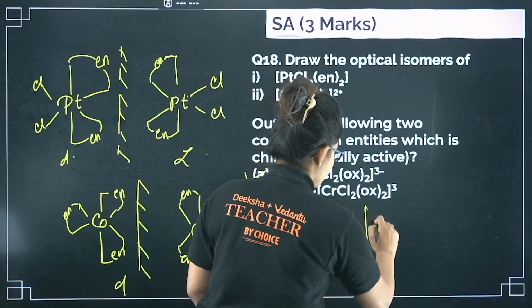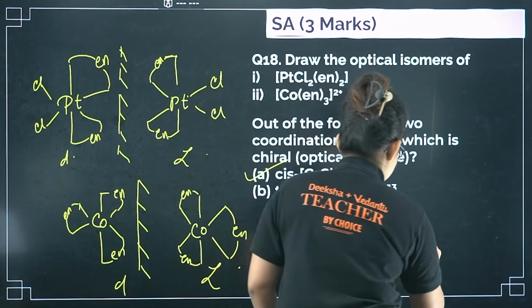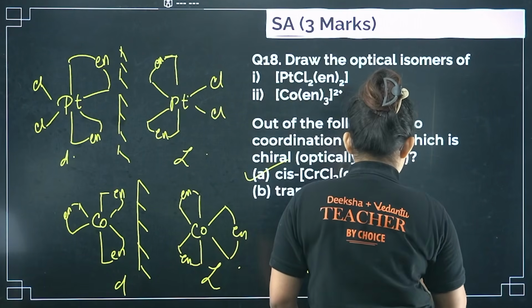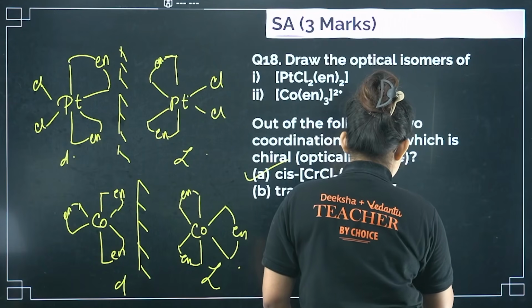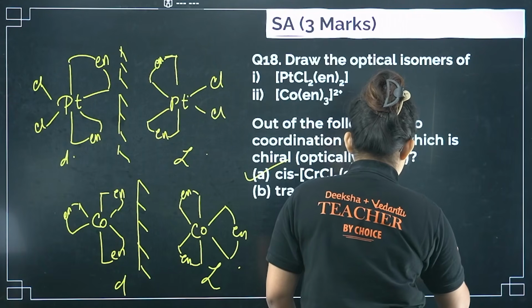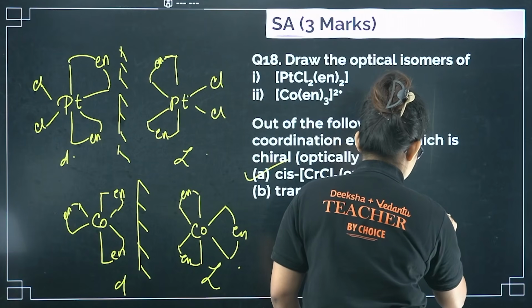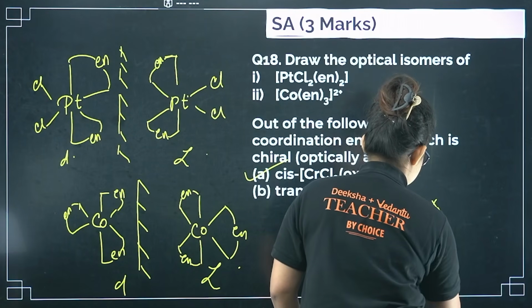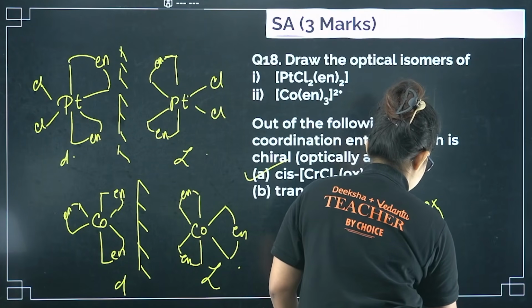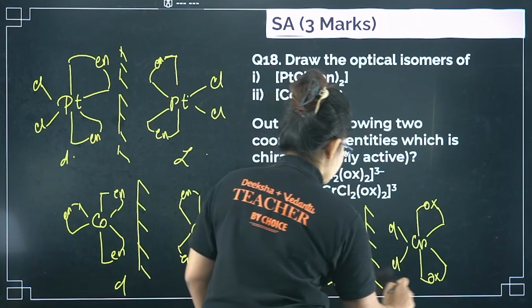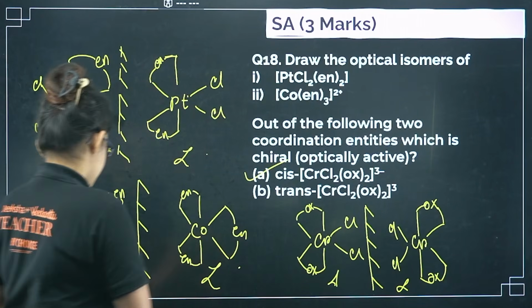Now you can draw the mirror image. Chromium, here chlorine, and here oxalato, like this. One is D, another is L, like that you can represent.